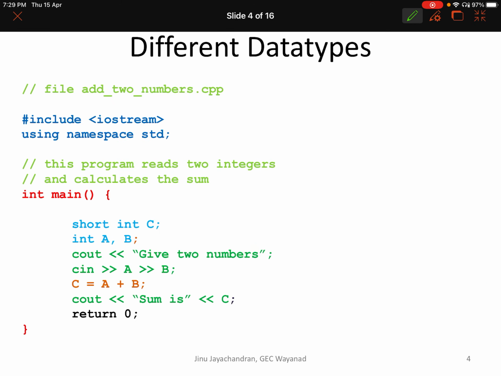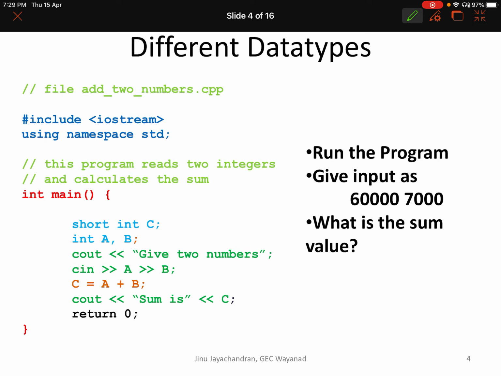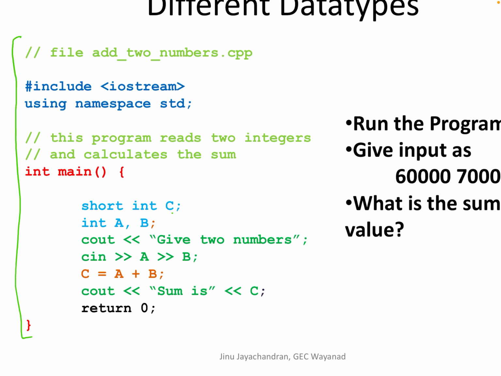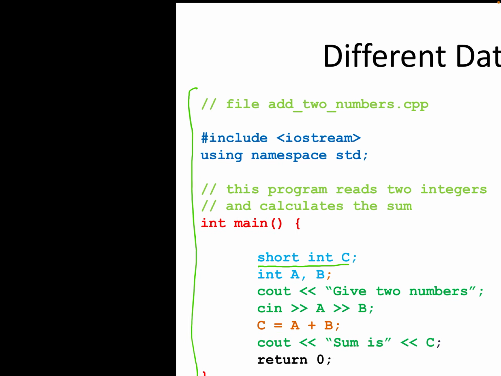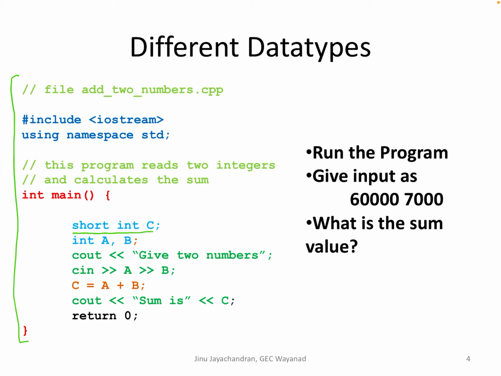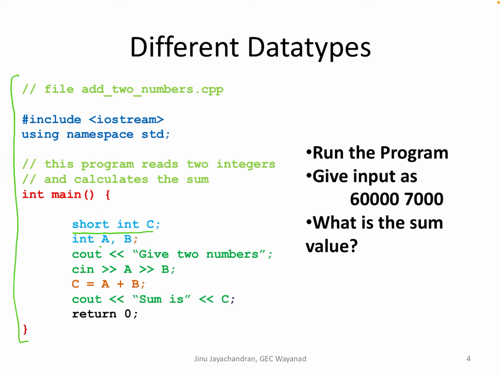Okay, let's try this. So when you have this program, you see that c is short and a and b are int. And you are assigning c is equal to a plus b.